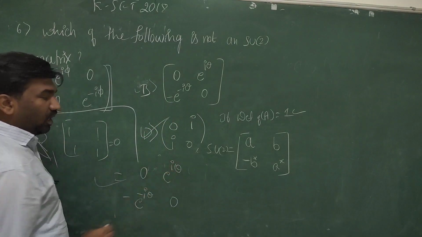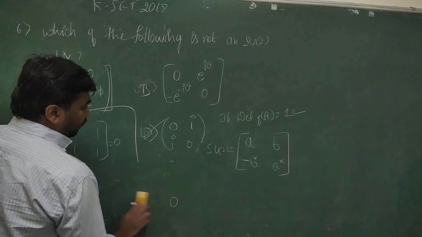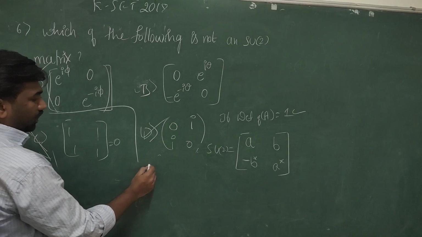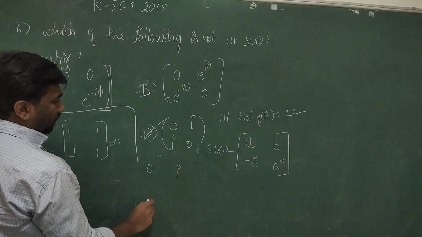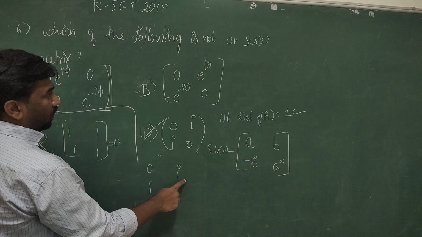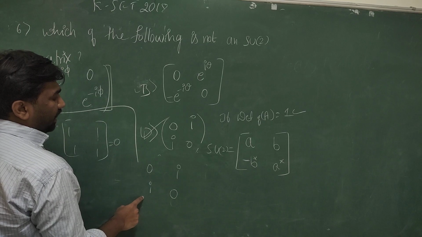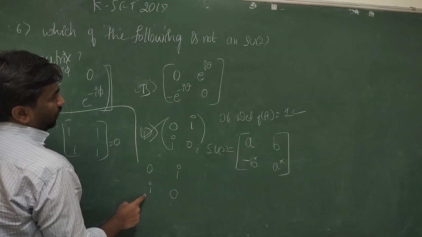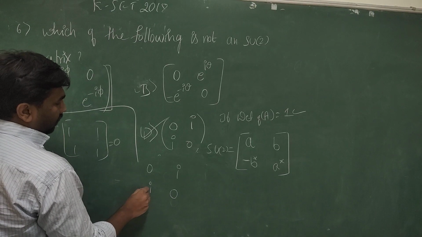So this is also a unitary matrix. And option D: 0, i, 0. So A is 0 and it has to be minus i, its complex conjugate i, minus i.